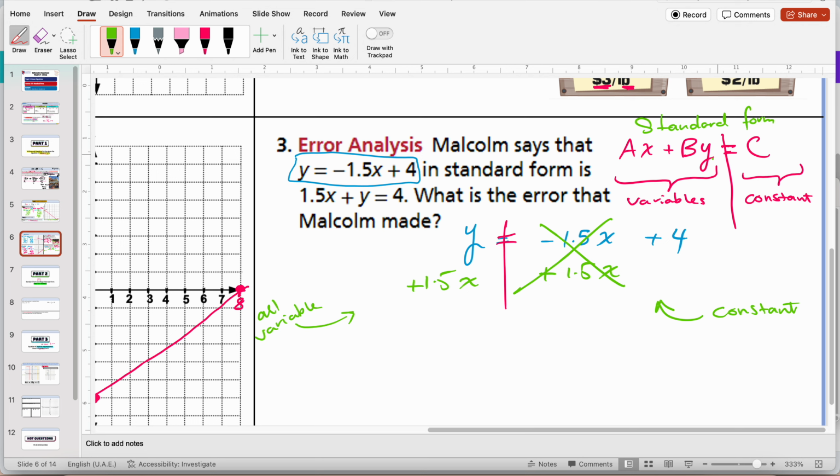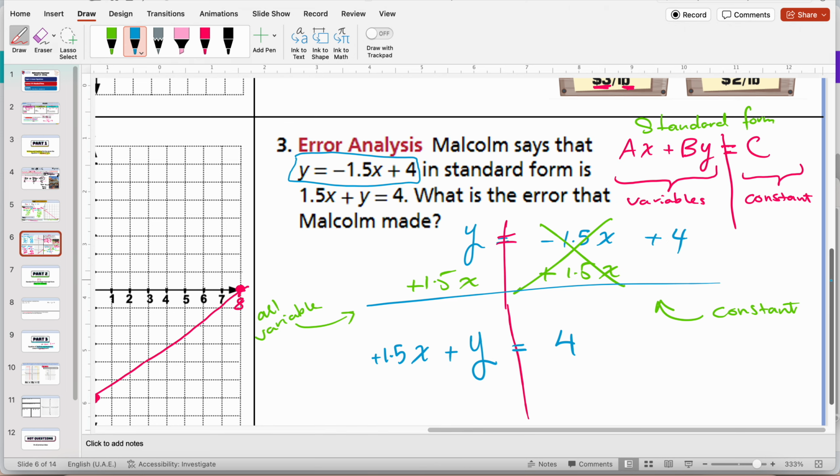I'm doing it myself and I want to see what error he did. Okay, so let's see. So what do I have left here? I have here positive 1.5x plus y equals only 4.